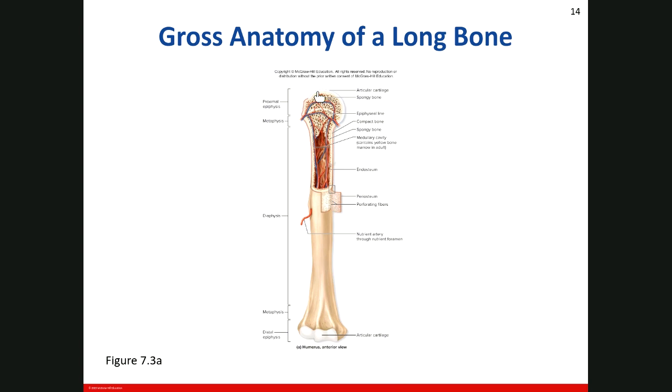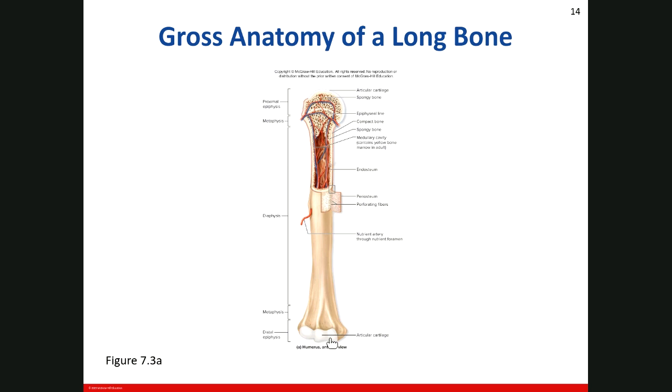Here you can see the proximal articular cartilage, and here you have the distal articular cartilage. This cartilage covers the joint surface. This thin layer of hyaline cartilage can reduce friction when the bones move against each other. It can absorb shock in movable joints.